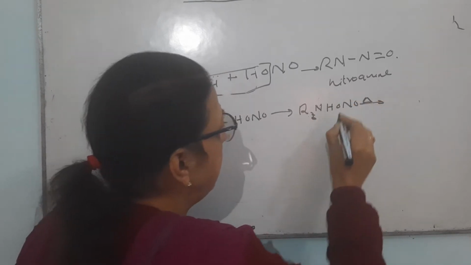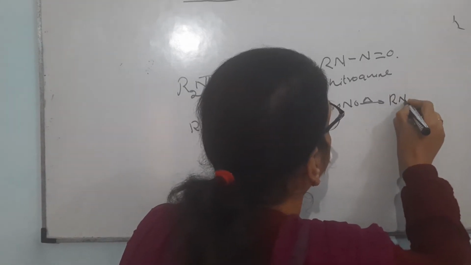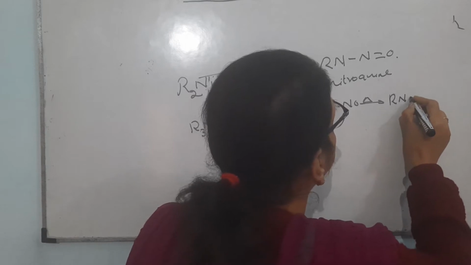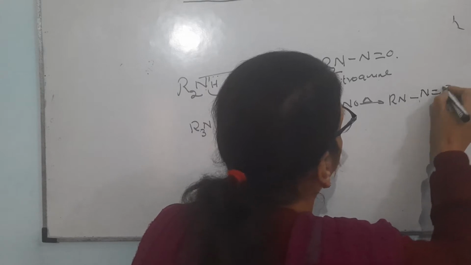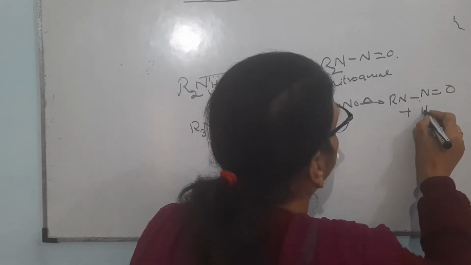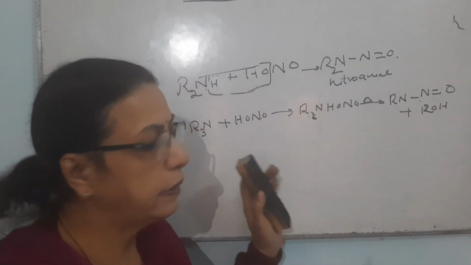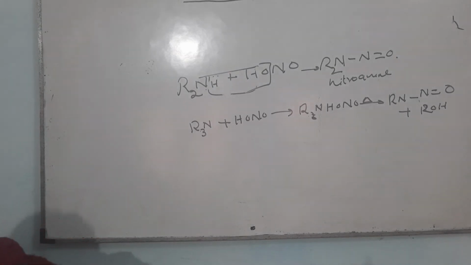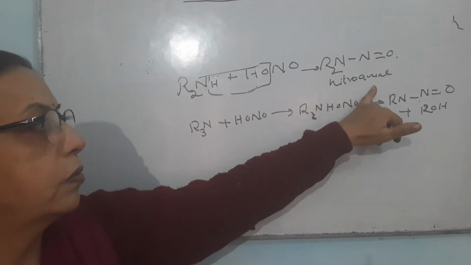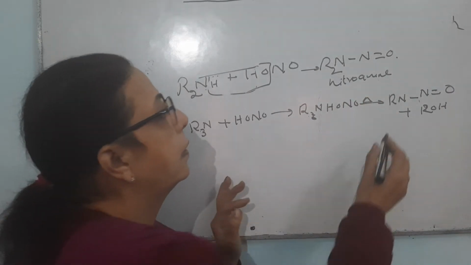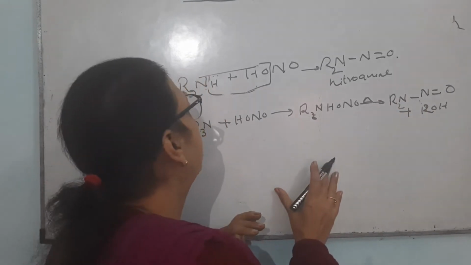When it is heated, there will be formation of R2N-N=O with the release of an alcohol molecule. So this is the reaction for tertiary amines. In the case of secondary amine, there is a nitrosamine. In the case of tertiary amine, there is also a nitrosamine. Besides that, there will be formation of alcohol.